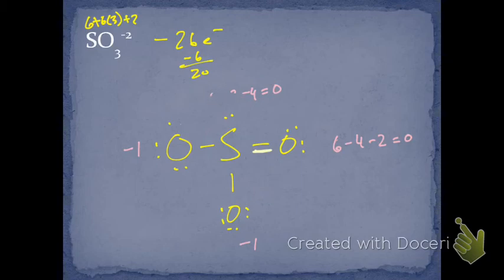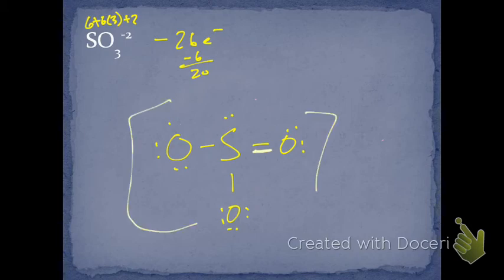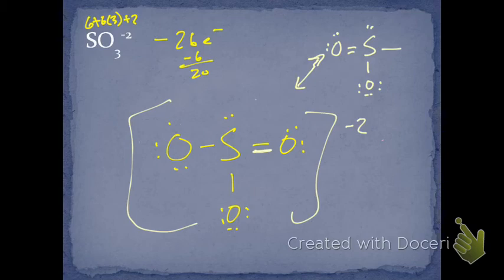So let me just clear up the board here, and then I'm just going to draw my other possibilities. So a couple things. This is a -2 charge, right? So it would look like this, -2, and then I have to show resonance. I'm running out of space, so I'm just going to do it like this. So that's one possibility, -2, and then here's another one.